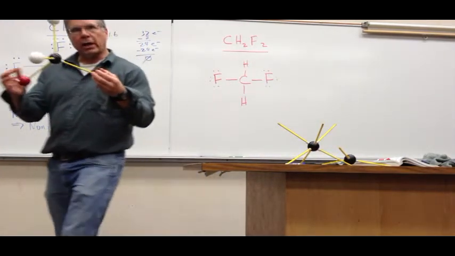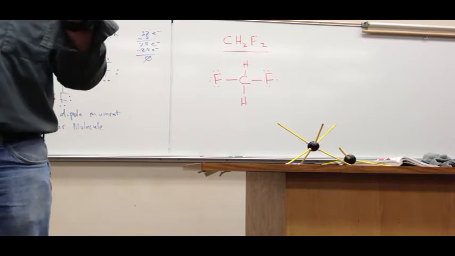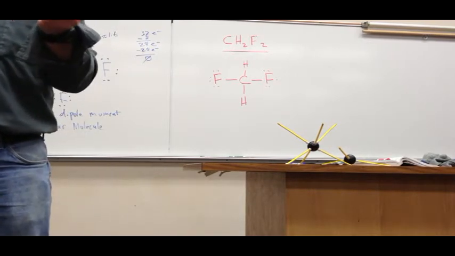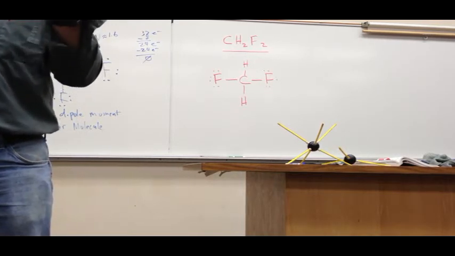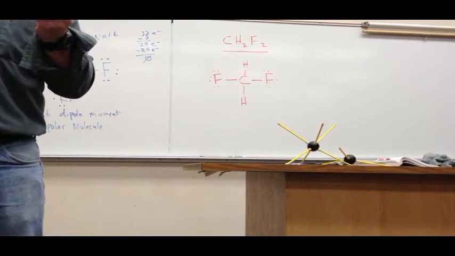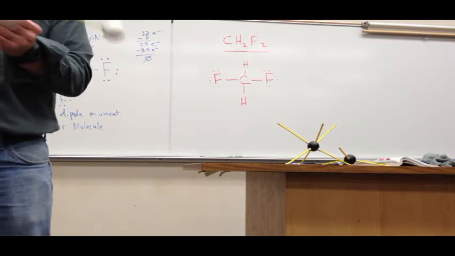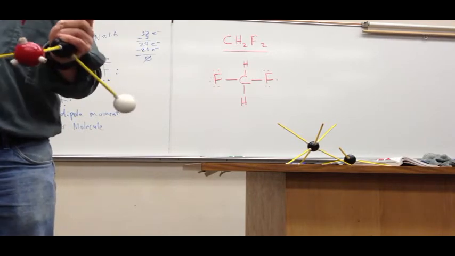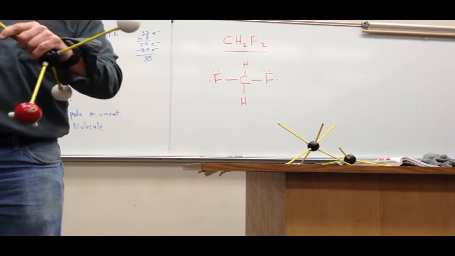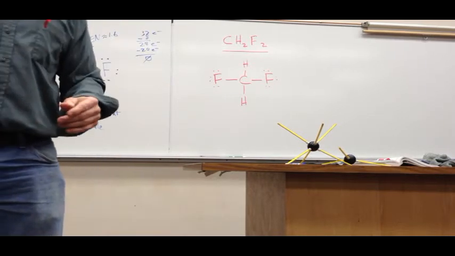There's no way I can put these in a tetrahedral geometry to where they're going to cancel out each other. Right? Without the hydrogens, this kind of looks like water, right? See that it doesn't cancel. These are different than these. They don't cancel. Doesn't matter where I put them. There's nowhere I can arrange these to where it's not going to be like that. So polar. You guys don't buy that?